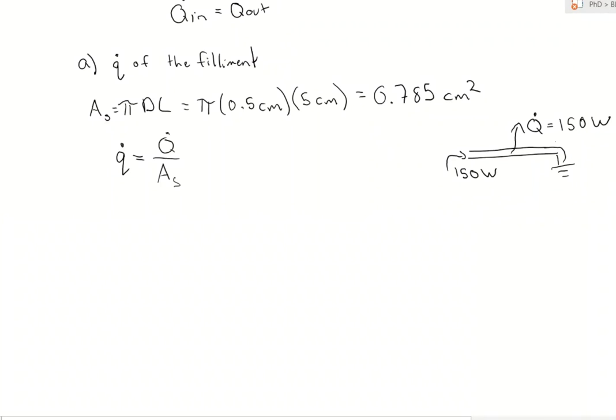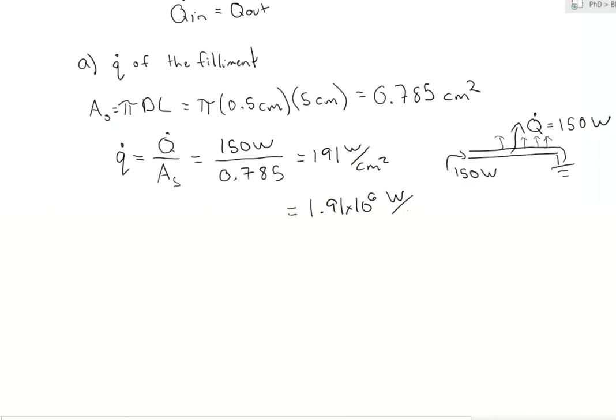So what we're interested in is the heat flux, the per area version of this Q. That is equal to 150 watts over that area we just calculated, which is 191 watts per centimeter squared, which is 1.91 times 10 to the 6 watts per meter squared. Okay, so that was part A.